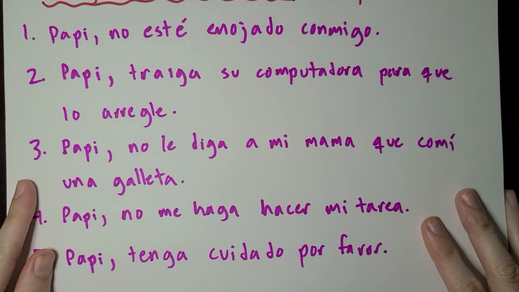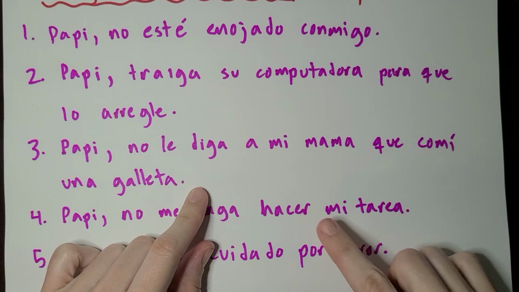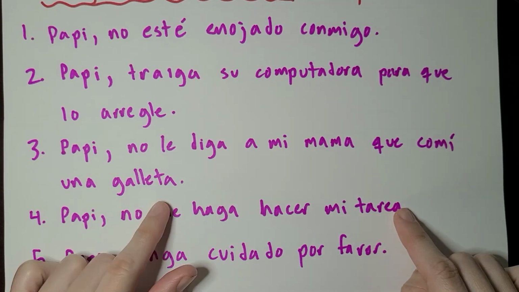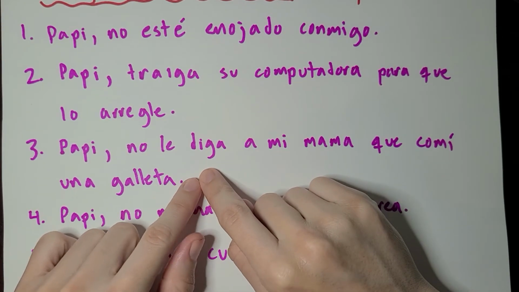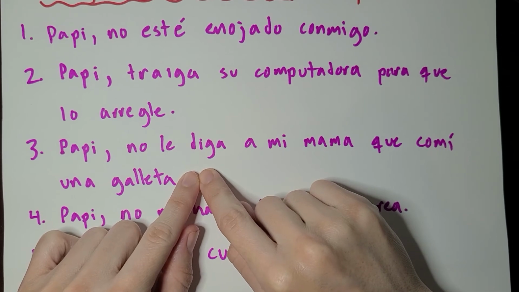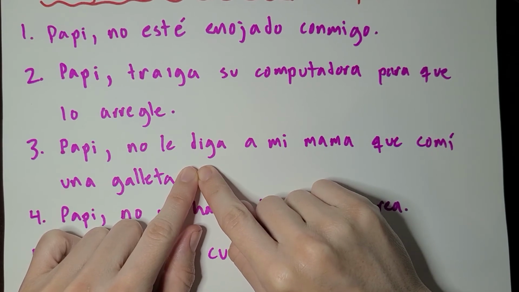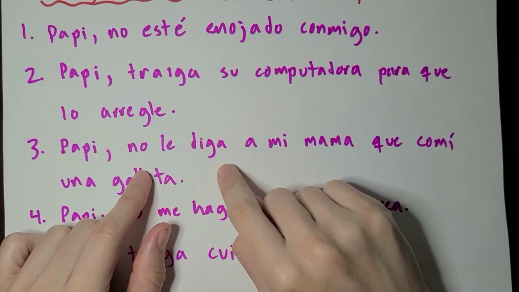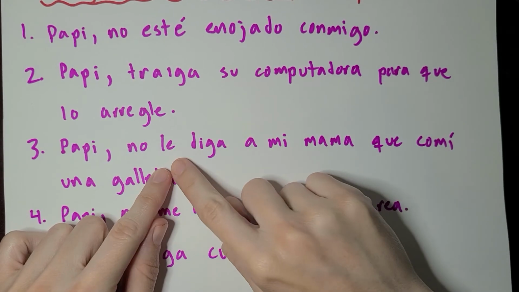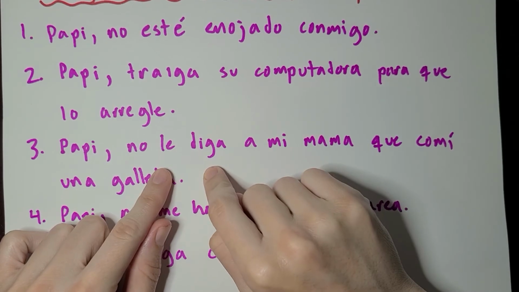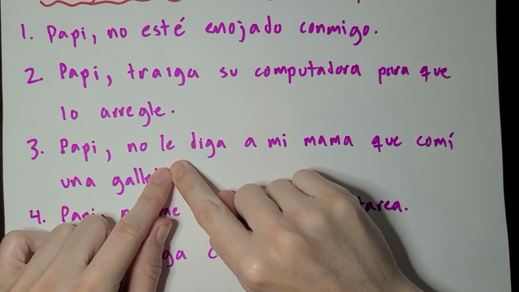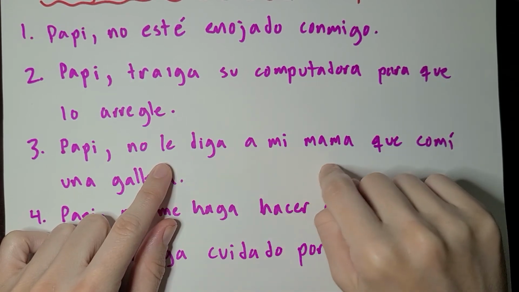3. Papi, no le diga a mi mamá que comí una galleta. So diga comes from decir, it's the subjunctive form in the usted form, and no le diga a mi mamá. So you have the pronoun here, like no le diga. In English, it sounds weird to say because you're kind of referring to your mom twice.